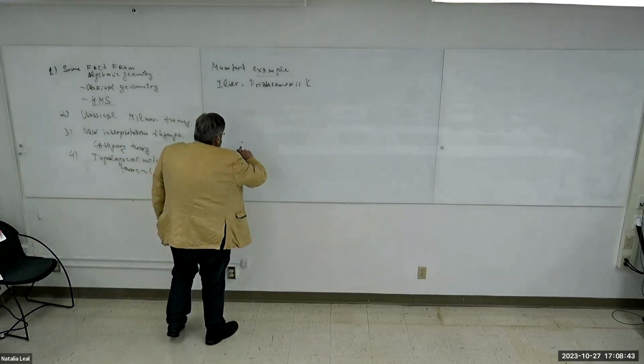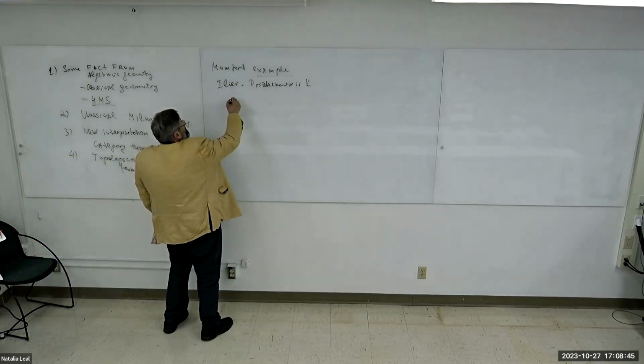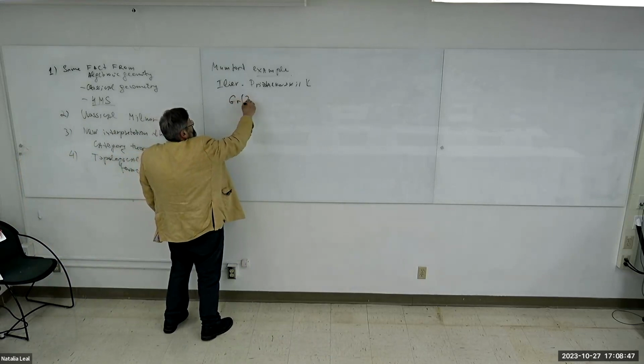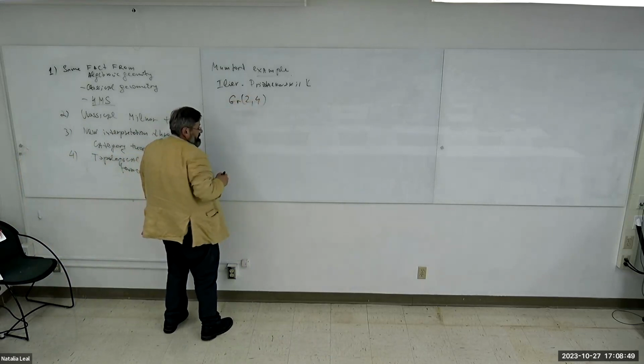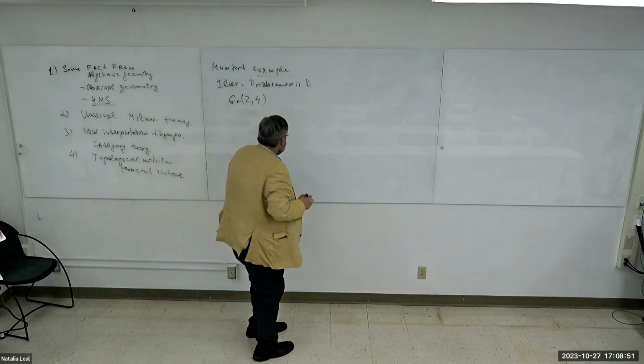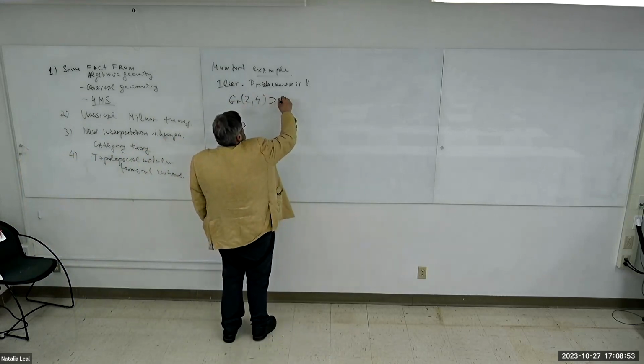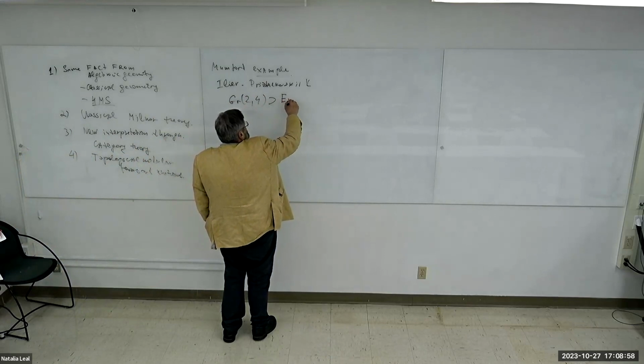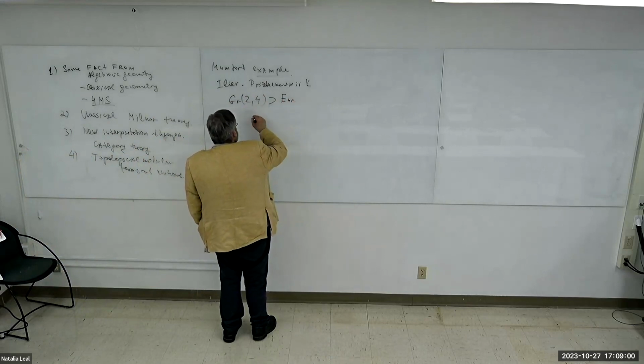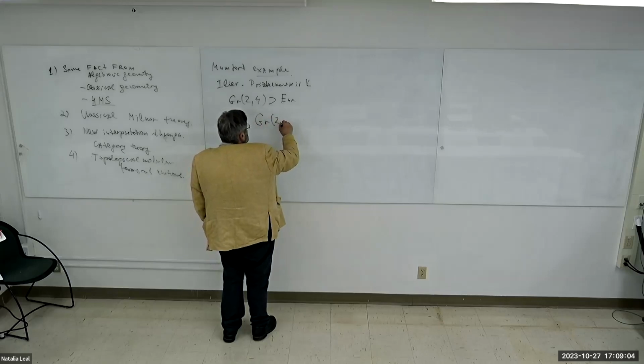But how to geometrize this? I mean, you start with the four-dimensional Grassmannian G24, and it contains, according to Rai, an Enriquez surface in it. And so you blow up this Grassmannian in this Enriquez surface.